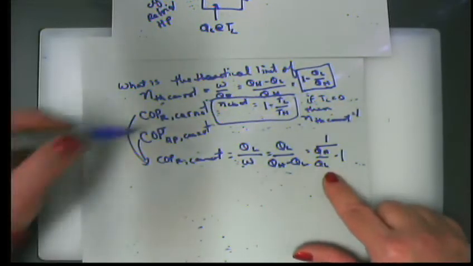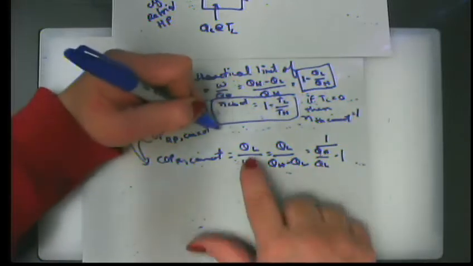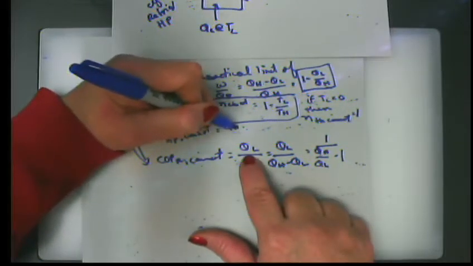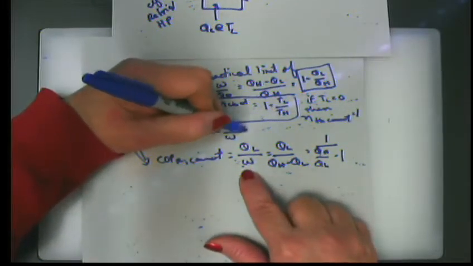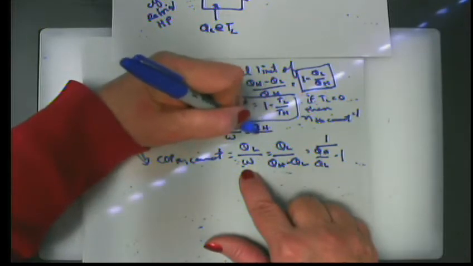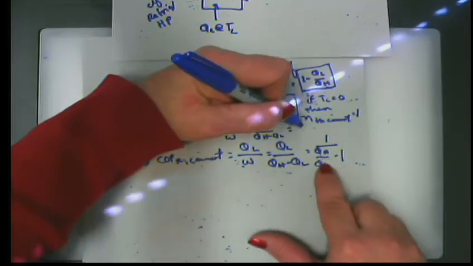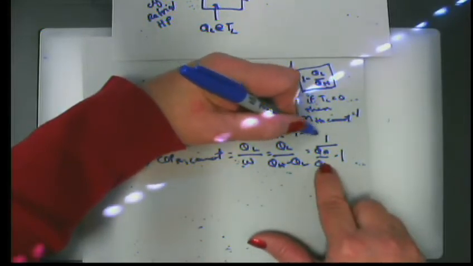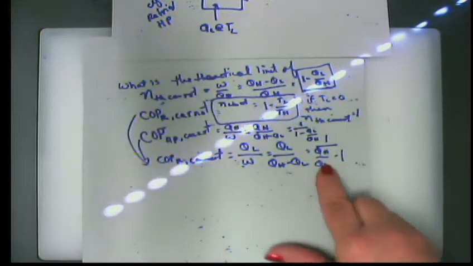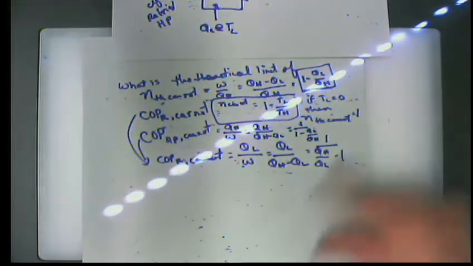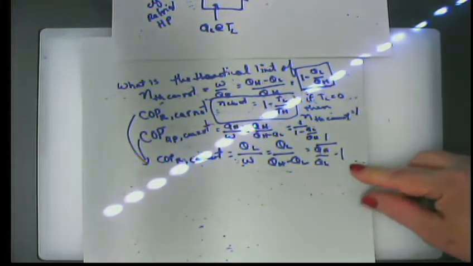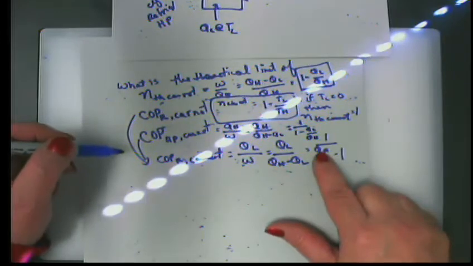All right, and for a heat pump, we're not after Q sub L, we're after Q sub H. Same idea. Except for here, we would get 1 over 1 minus Q sub L over Q sub H. All right? So these are the same equations as we came up with before.